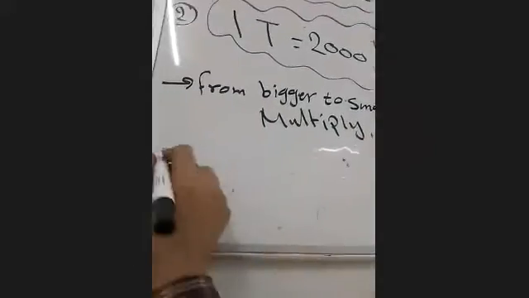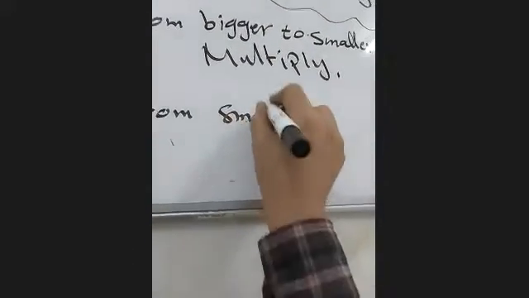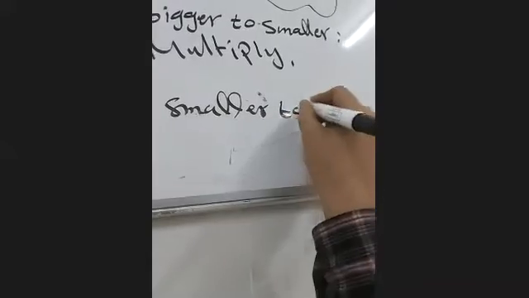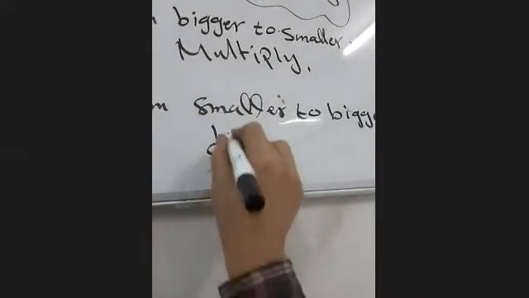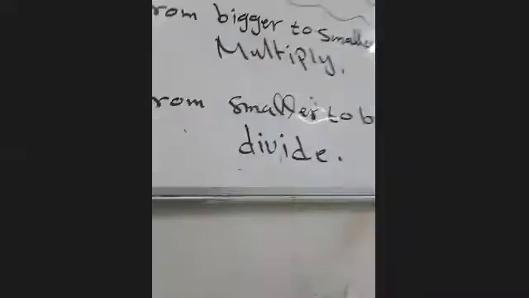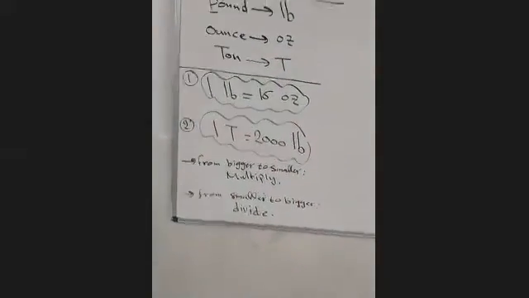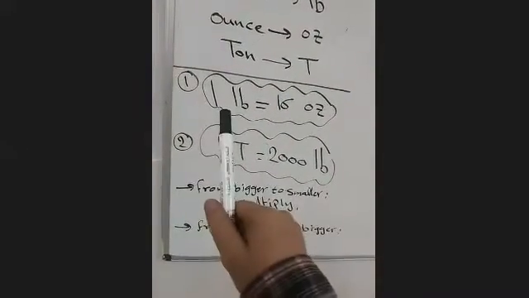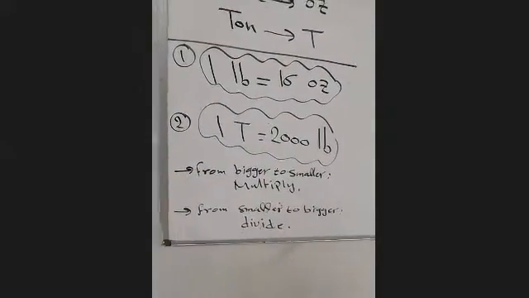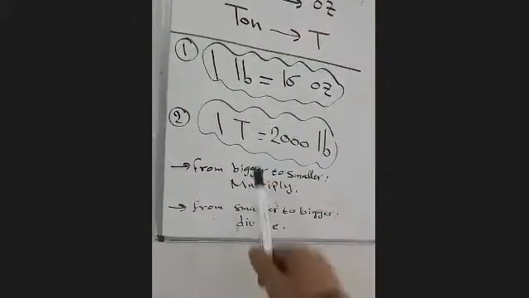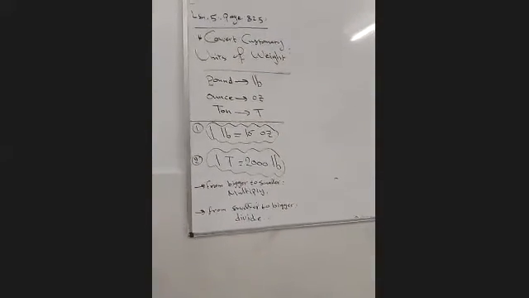To turn from smaller to bigger, we use divide. If I want to turn from one unit to the other unit, from bigger to smaller, we multiply. If we do the opposite, we divide. This is the idea of this lesson.